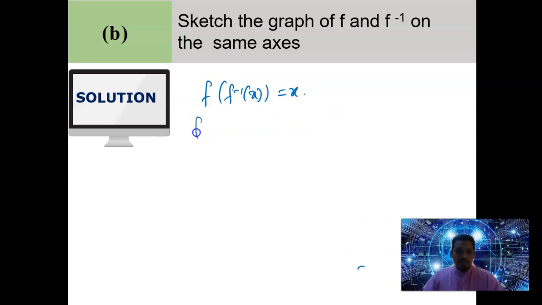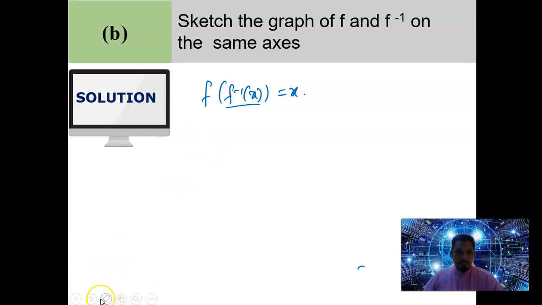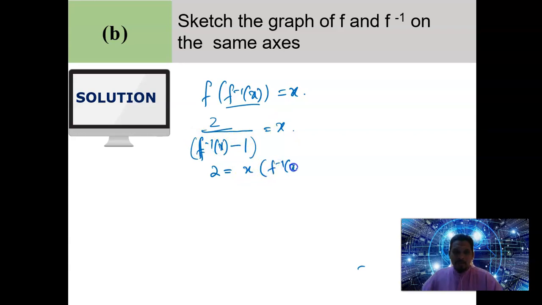Okay, so the first is f inverse. So 2 divided by f inverse of x minus 1 equal to x. So 2 equal to, cross multiplying this with x, f inverse of x minus 1.